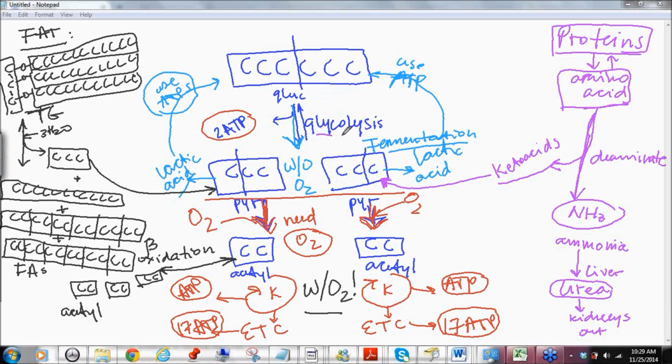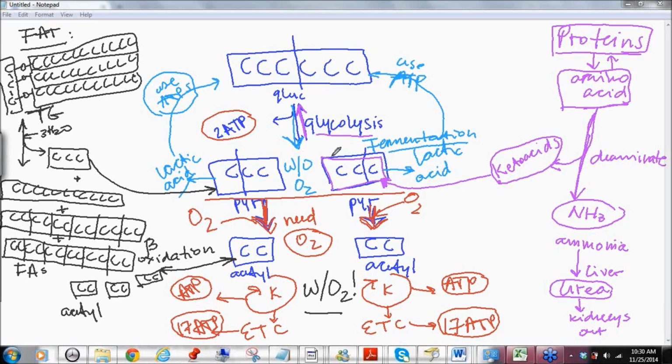Remember, glycolysis is perfectly reversible. So that means that what can you do with amino acids if you're not using them for making new proteins? Well, one thing is turn them into keto acids and turn keto acids into pyruvate. And then from pyruvate, you can do pretty much anything with that.